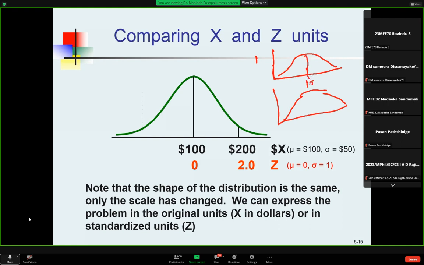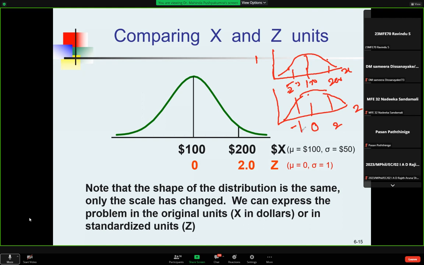Then here 100, this is the X, and this is the Z. Here 0. 200, Z is 2. Let's say 50, Z is minus 1.